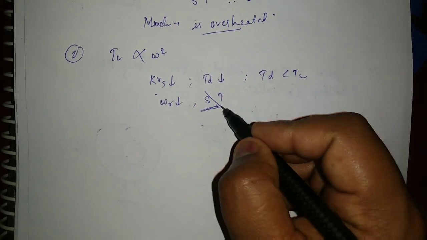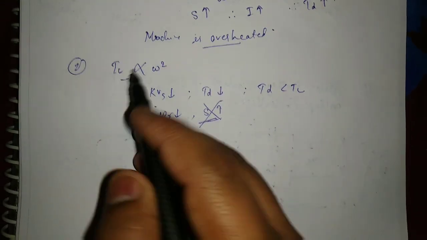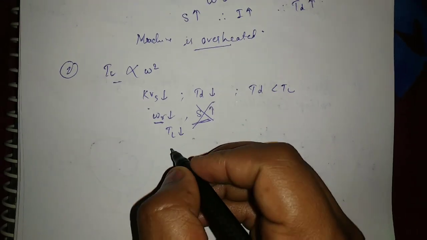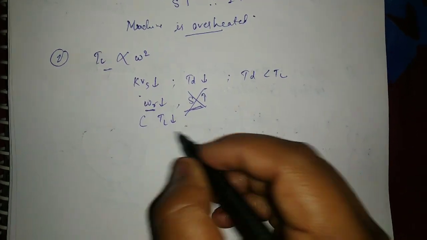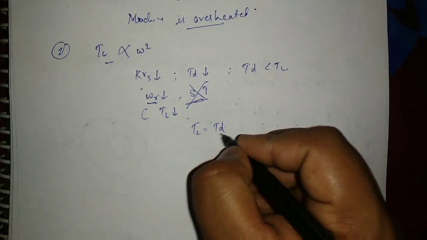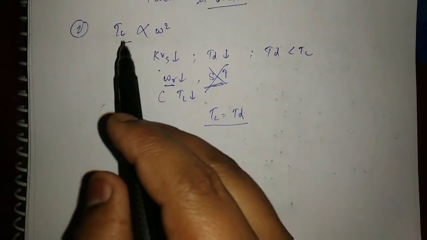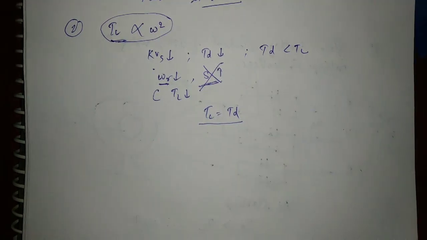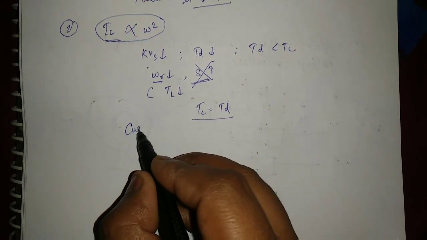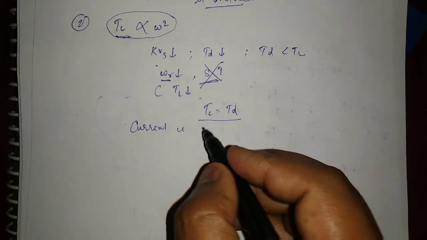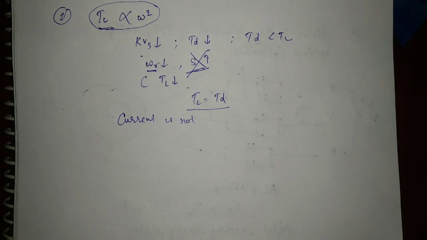But here this is not right, because omega decreases, TL also decreases. TL decreases and speed decreases until TD is equal to TL. Okay, so this type of load is suitable for this method, because here current does not increase. Therefore, overheating of machine is not possible.